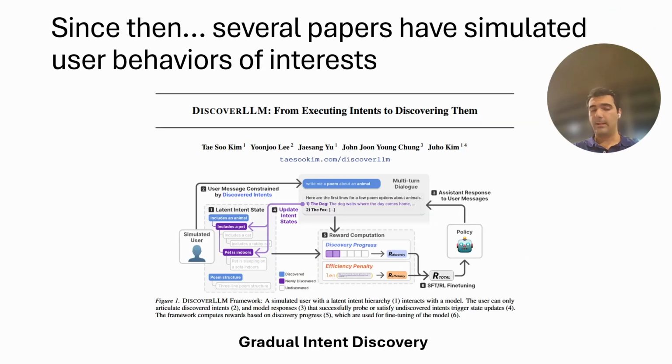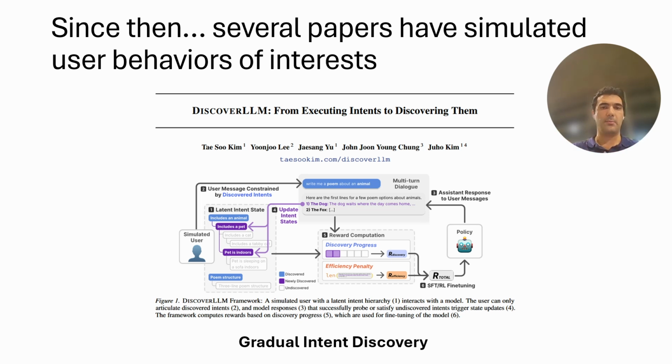And just for fun, I'm presenting to you some other papers, some of which I'm not involved in, that I think have also taken this route of simulating a specific user behavior of interest, and building a framework, just like we did with sharding, around something that they care about in how users behave.